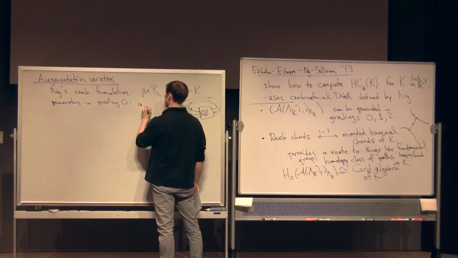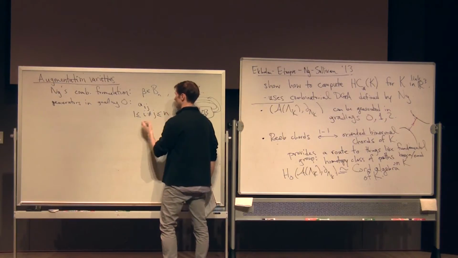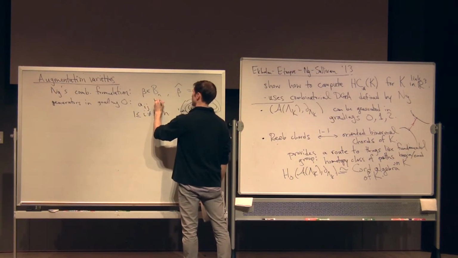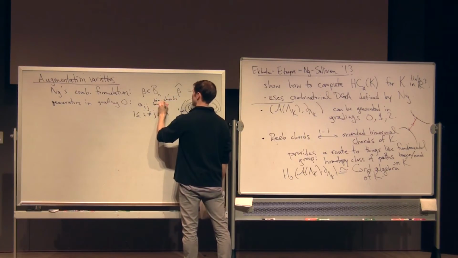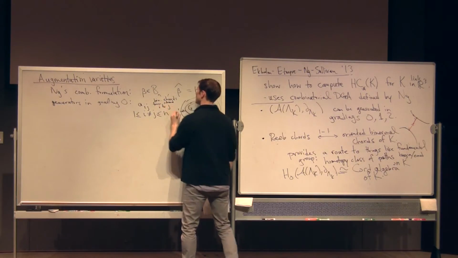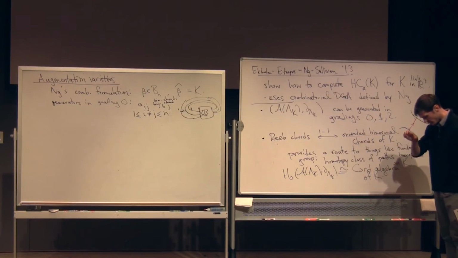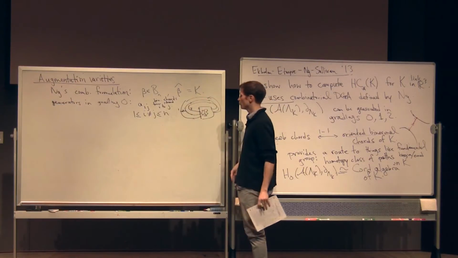Denote that by Aij, a binormal chord from strand i to strand j, where those strands are inside of a solid torus that this is braided inside of.